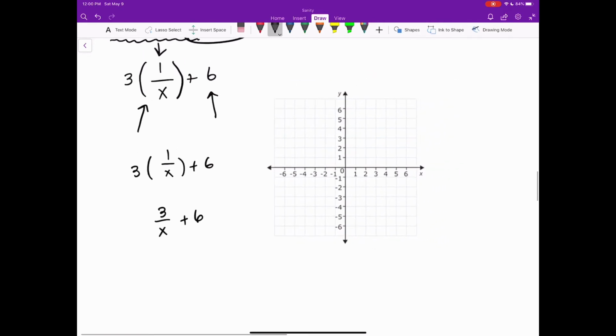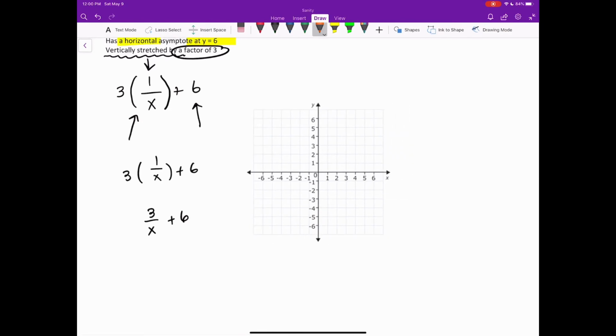Again, if we had to sketch this, let's just sketch it real quick. I know I'm going to have a horizontal asymptote at y equals 6. But I'm still going to have a vertical asymptote because, again, we can't divide by 0. If I set that denominator of x equal to 0 and solve for x, it's already solved for.